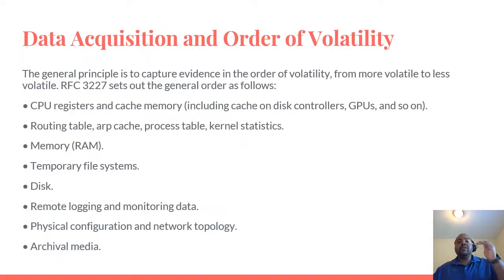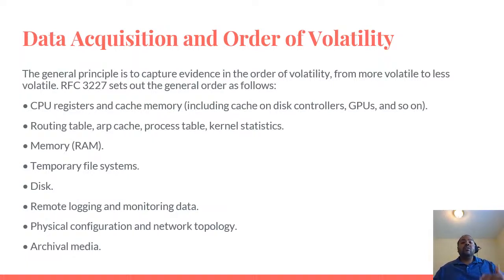It loses the memory first from the CPU and registers in the cache memory, and then it goes on to the routing table, the ARP cache, and kernel statistics. All of those are next. They don't hold them as long, and I'm talking about if the power is cut from the machine. Then you want to check your RAM to see if your information is there.